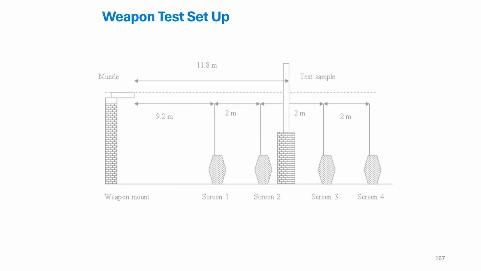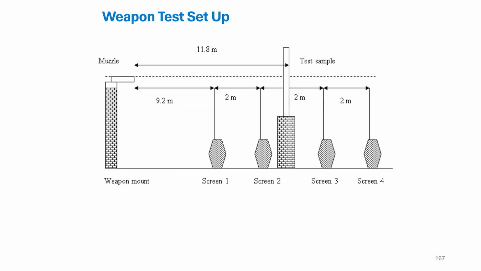Next is the weapon test setup. This is as per the standard. This is the weapon mount, here is the muzzle, and here is the test specimen. We keep the distance as per the standard, 11.8 meter.